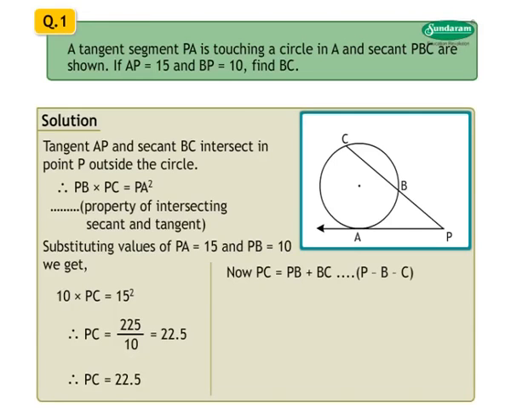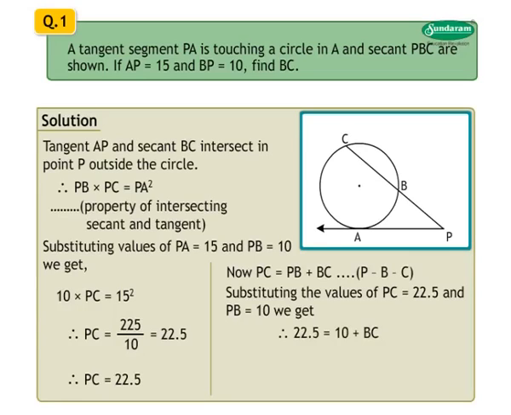PC is equal to PB plus BC as point B lies between C and P. Substituting the values of PC is equal to 22.5 and PB is equal to 10, we get 22.5 is equal to 10 plus BC. BC is equal to 22.5 minus 10. Therefore, BC is equal to 12.5.